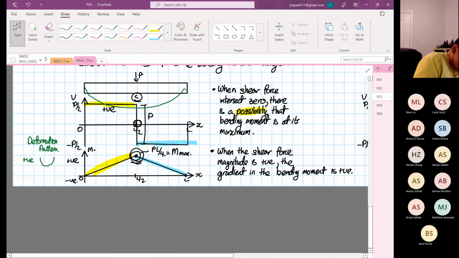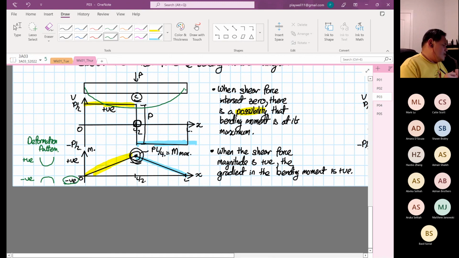And when it's negative bending moment, it means the deformation is a sad face. I want you all to embrace what you see down here, because the bending moment and shear force diagram can help us visualize deformation.